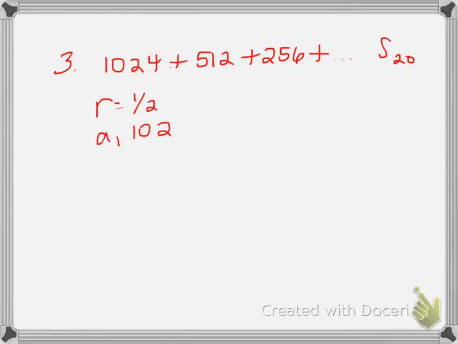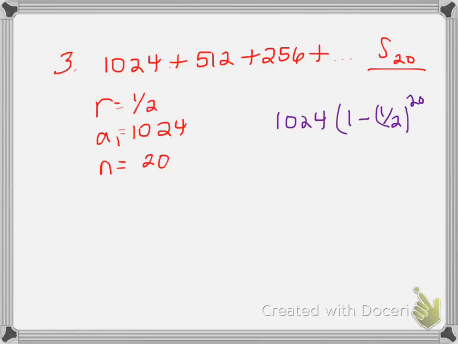Your A1 is 1024, and your N, since I'm finding the sum up to 20 terms, is 20. So my formula is A1 times 1 minus 1/2 to the 20 over 1 minus a half.